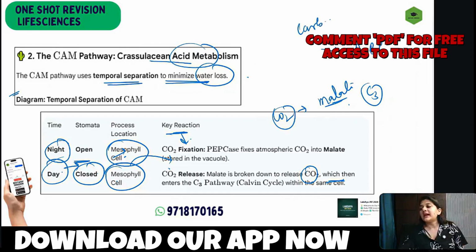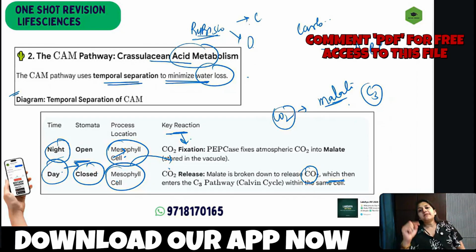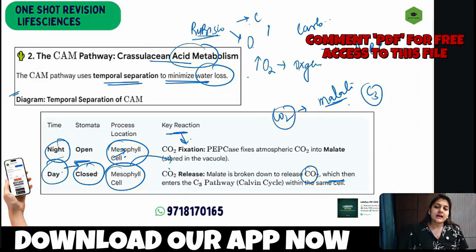carboxylase activation. So remember, Rubisco has both carboxylase and oxygenase activity. Which particular activity gets activated depends upon the concentration, because the active site for CO2 and O2 is similar. So if the concentration of oxygen is higher, oxygenase will get activated.